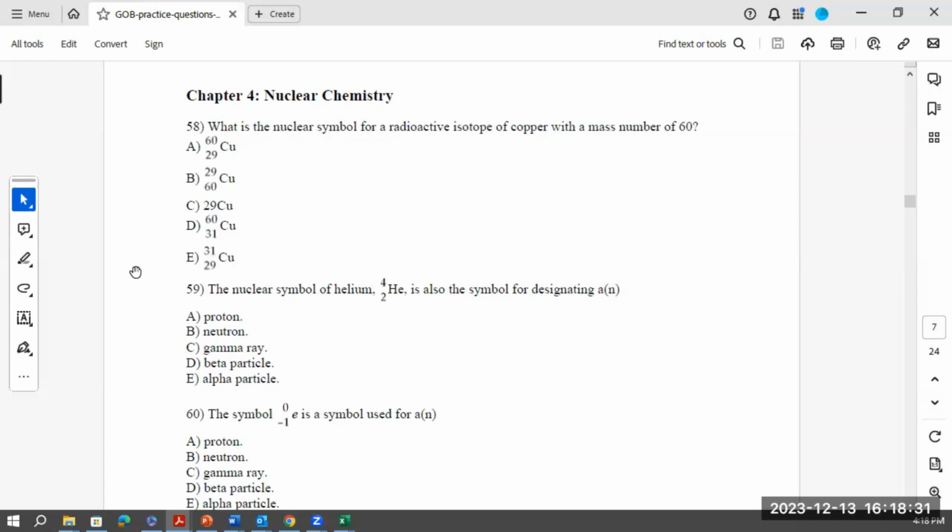Okay. So, in the case of the nuclear symbol for helium, right? If you see this as the nuclear symbol, this also signifies an alpha particle. So it would be E as in neon.